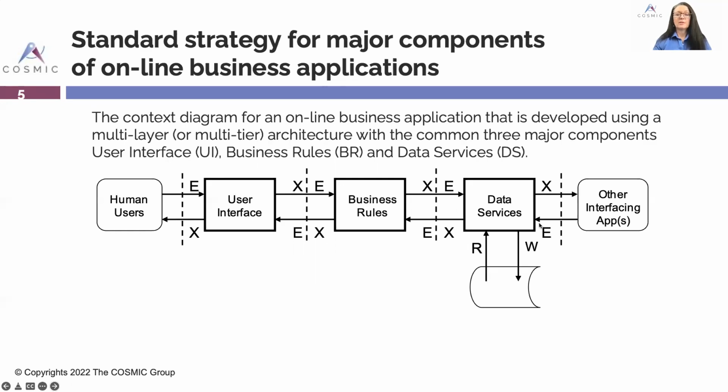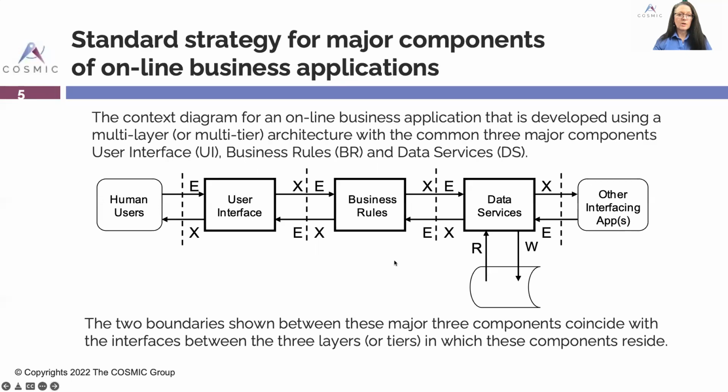They could be developed with different programming languages, and they could be deployed on different servers. And at this end, there's the human user, and at this other end, also other interfacing applications.